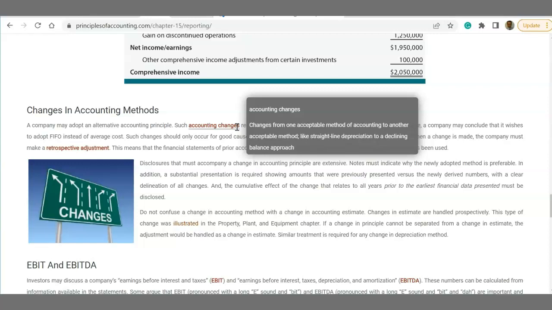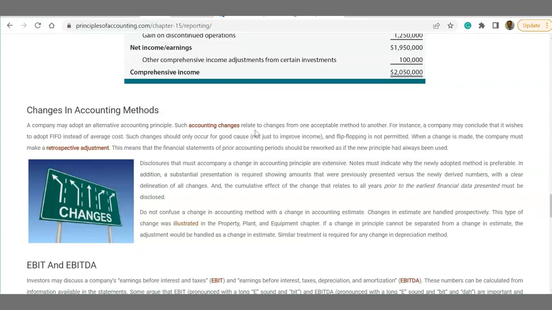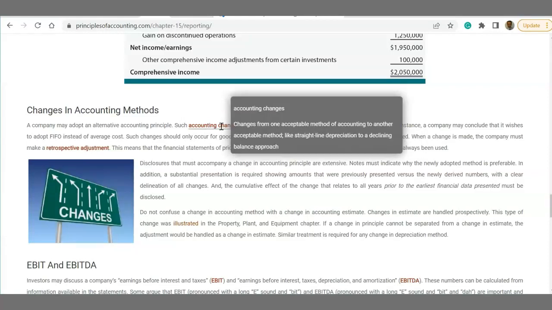You have to do it because you can prove why you think it's better to do that way, even though both of them are acceptable, but you cannot just flip-flop on those methods because you like it that way. But assuming you have a good reason and your auditor is also fine with that, then you can change that depreciation method from one method to another.